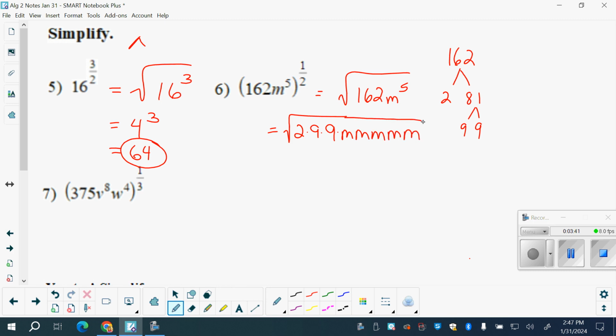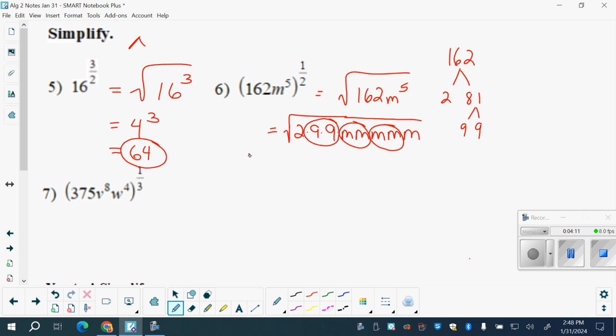And so what pairs do we have? 2 of the 9, 2 of the m's, and another 2 m's. So then, Grace, do you know what goes on the outside? So we have a pair of 9s.